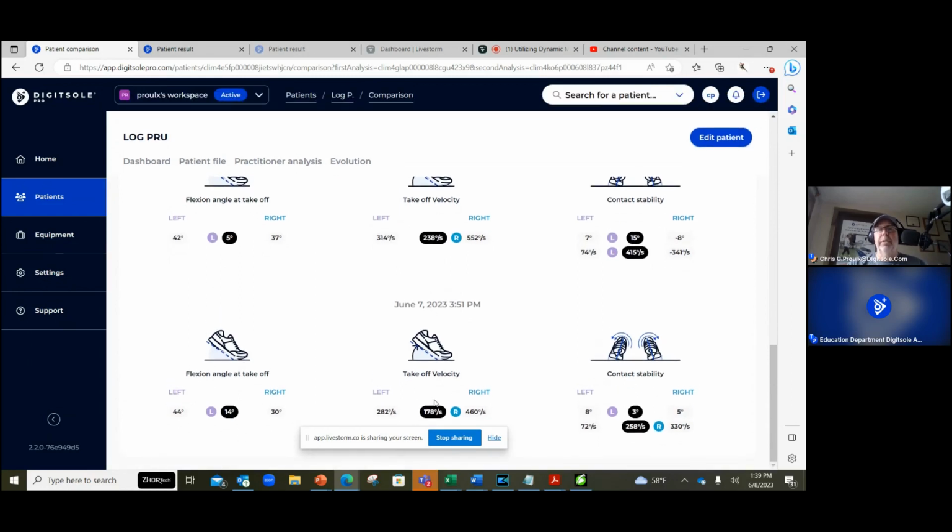But also, what's interesting is he had a lower takeoff velocity with his feet. And one would say, well, that's not good, is it? It's not necessarily bad, right? Not everything is higher or lower, but think about what happened. How was he able to jump higher if he actually had a lower takeoff velocity, right?